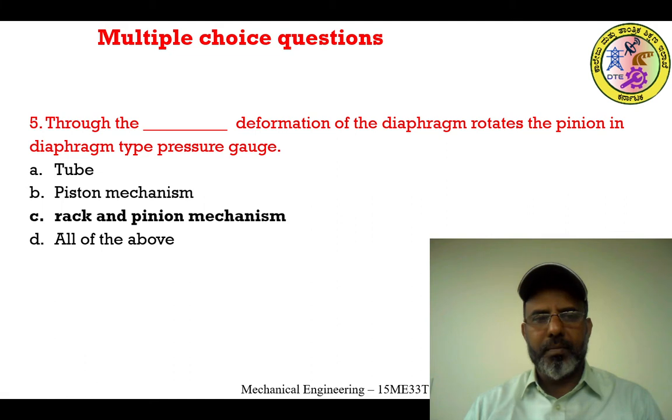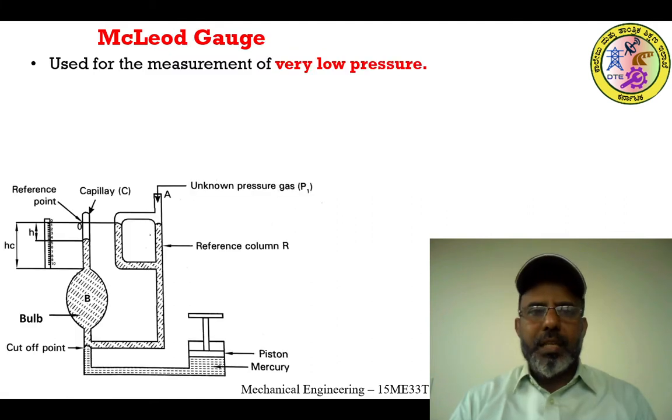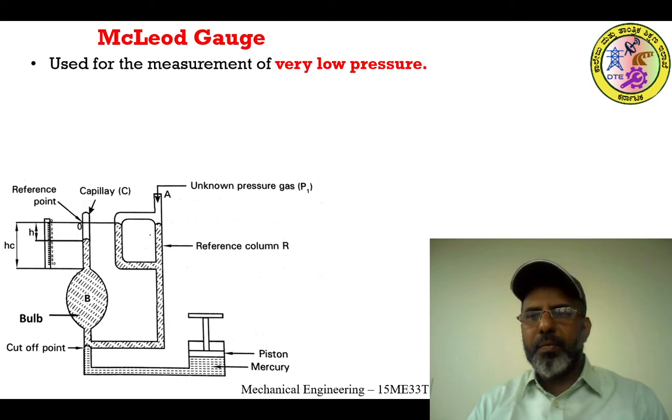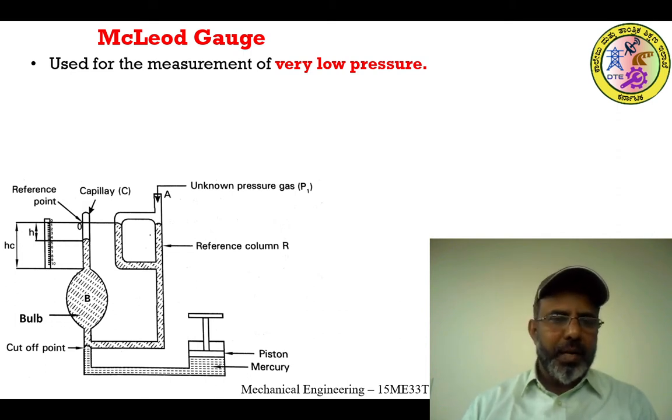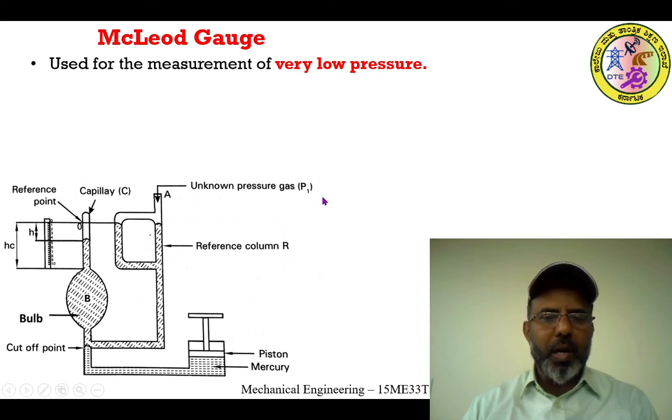Now, let us discuss another very important pressure gauge from the exam point of view, the McLeod gauge. The schematic diagram of a McLeod gauge is shown here. It consists of a mercury reservoir tank, this is the bulb, this is the capillary, this is the reference column, and this is the scale.